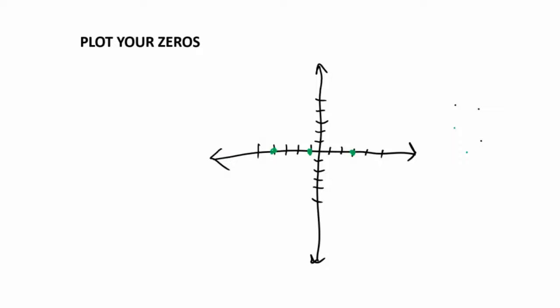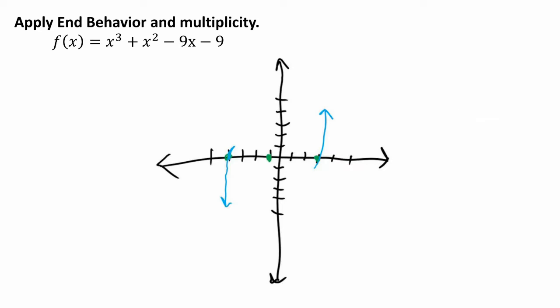So again, we're going to graph it on the xy axis or on our rectangular coordinate system. Let's plug in what we know. We know that these are the points where it crosses our axis at -3, -1, and +3. But we don't know the behavior or what's going on between these dots, right?